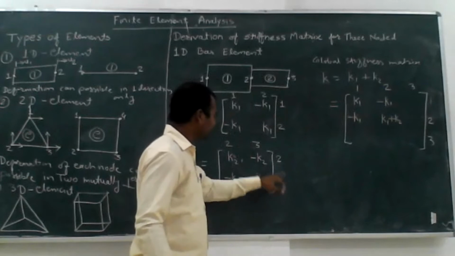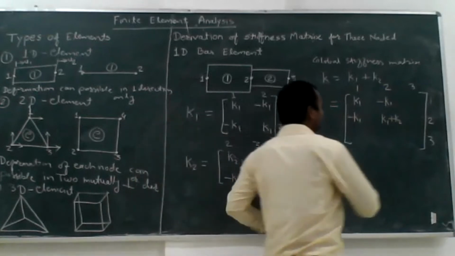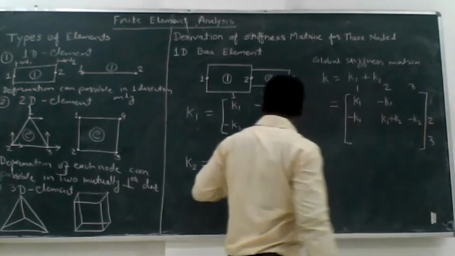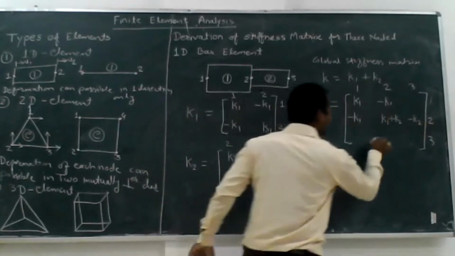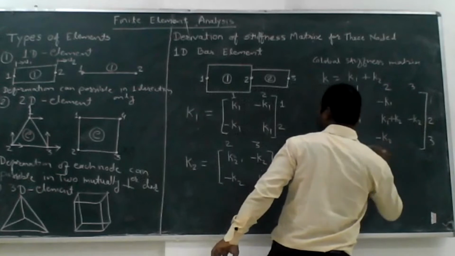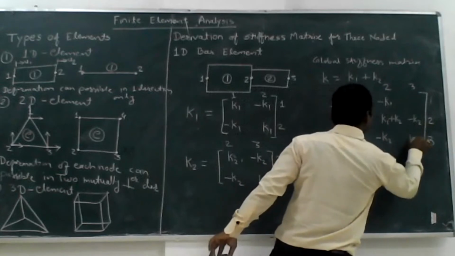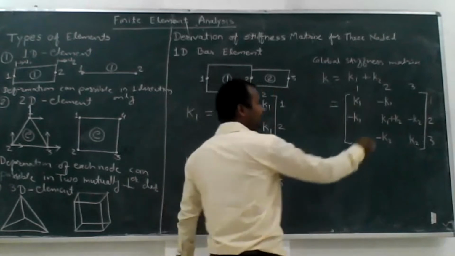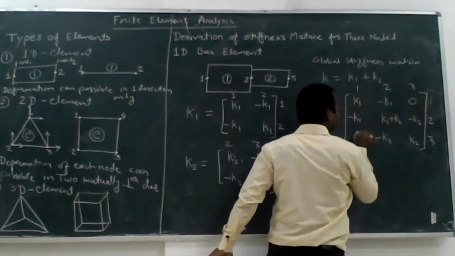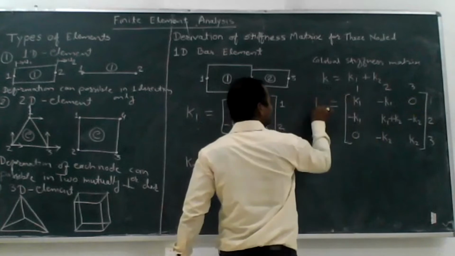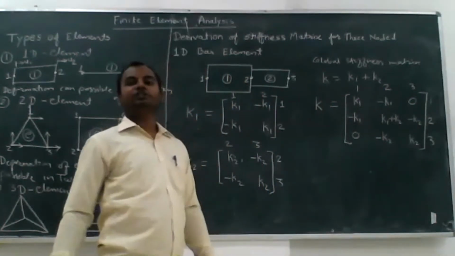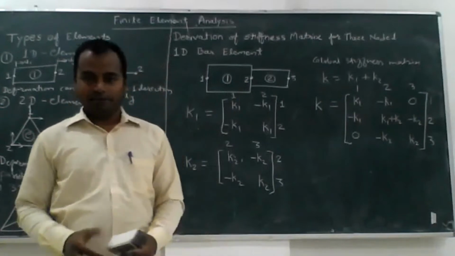Thereafter at the position 3, 2 it is minus K2. At the position 2, 3 again minus K2. And at the position 3, 3 it is K2. So this is the global matrix. The remaining terms will be 0. So this is the standard global stiffness matrix for the 3-noded 1D bar element.